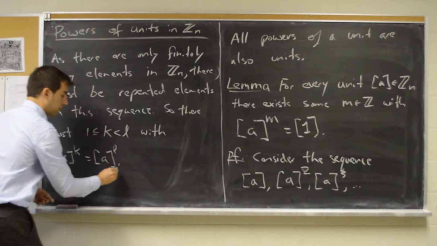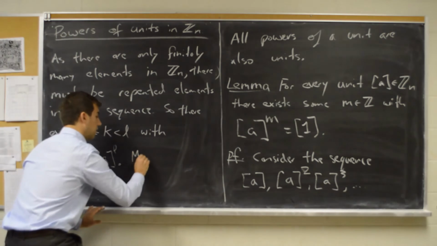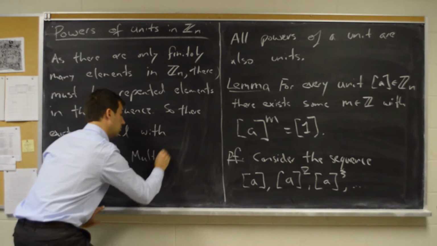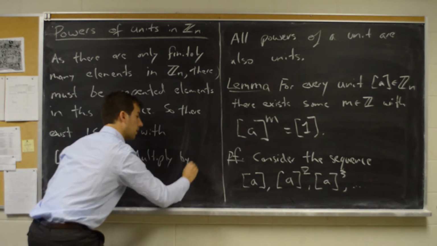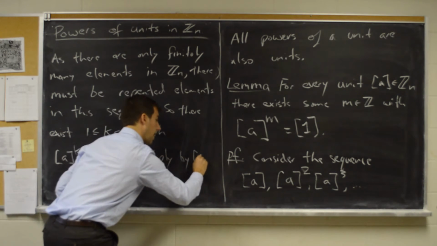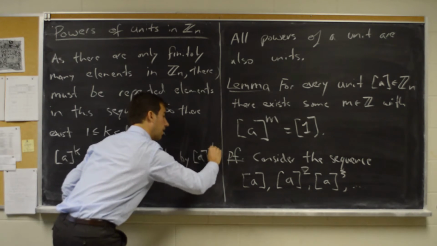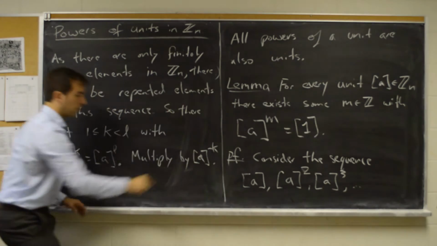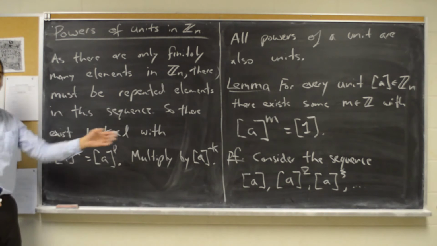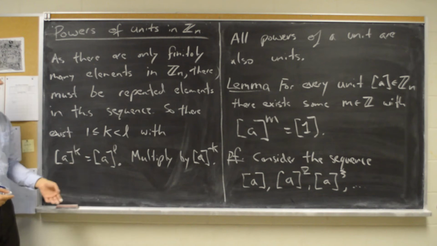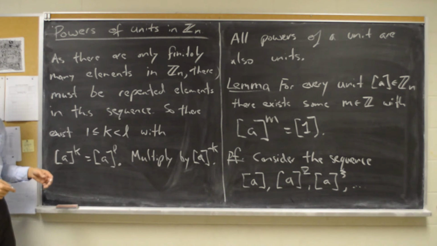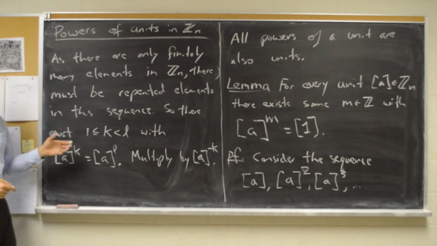So our next step is we multiply by a to the minus k. So you might be asking yourself, what is a to the minus k? We know a to the minus 1 is the inverse of a, and we're assuming that a is some kind of unit. So we know that there is an inverse.